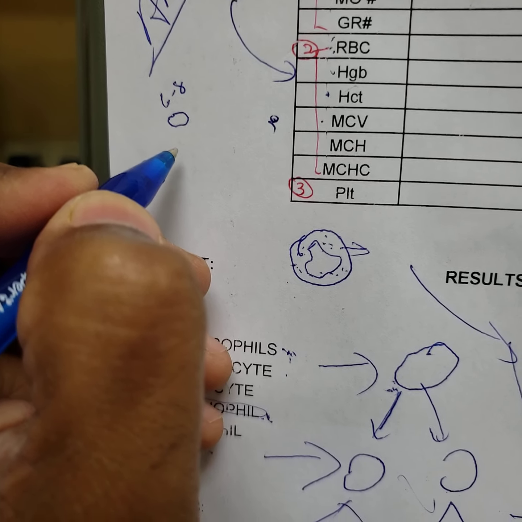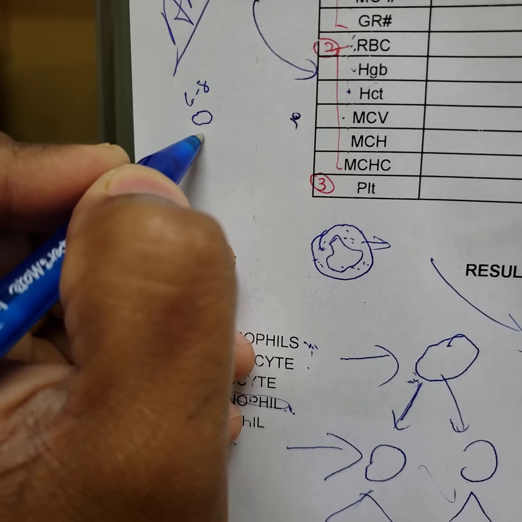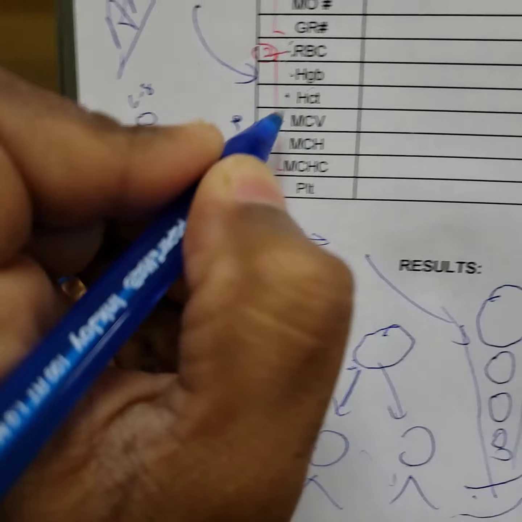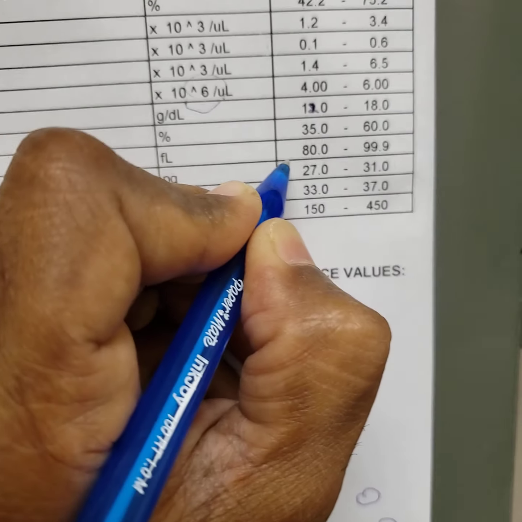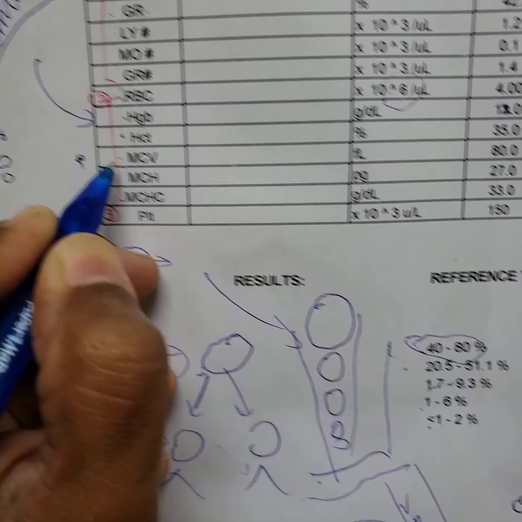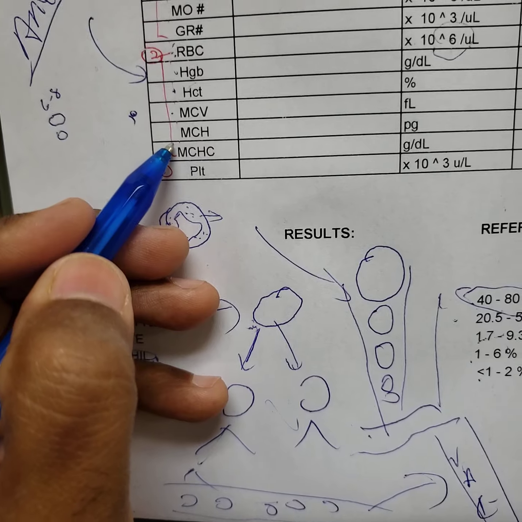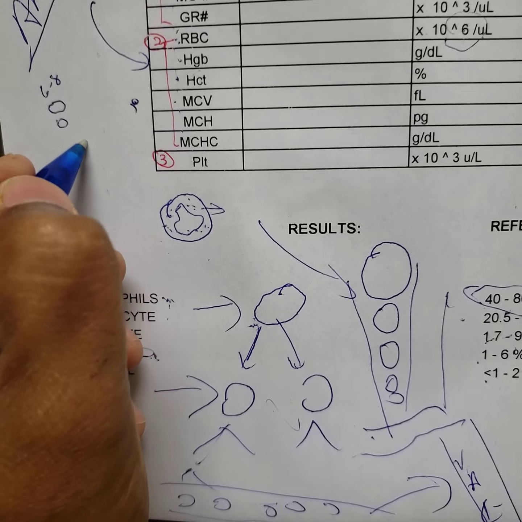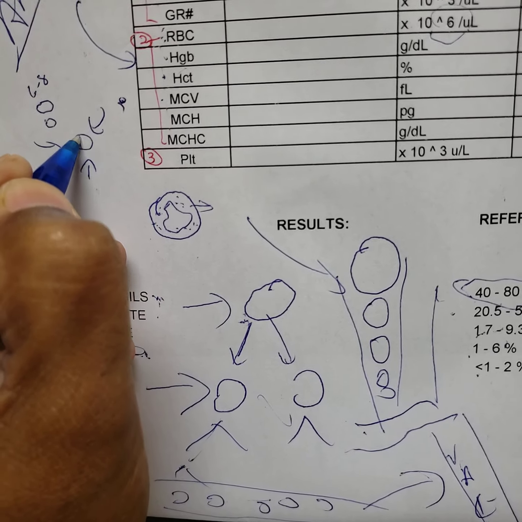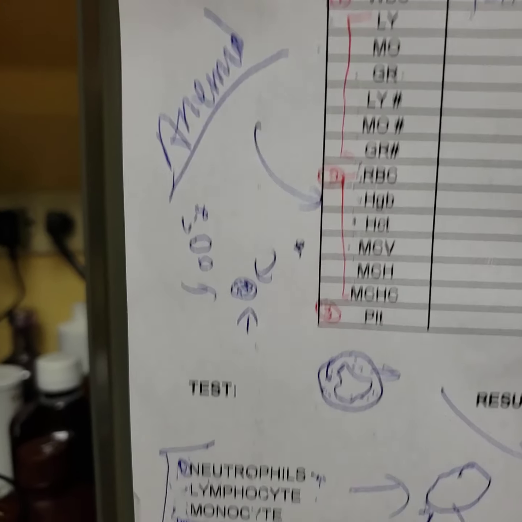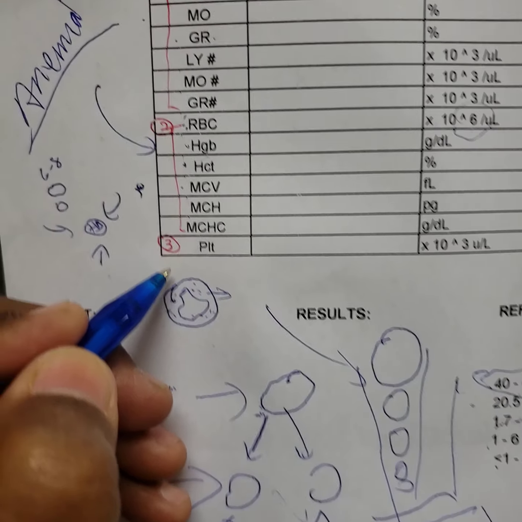In patients with anemia, for example due to lack of resources, you can get smaller red cells, and that will be seen by your MCV being low. So that patient will be called microcytic. The MCH and MCHC basically deal with the amount and the concentration of hemoglobin in the red cell of the patient. Your PLT is called your platelet.